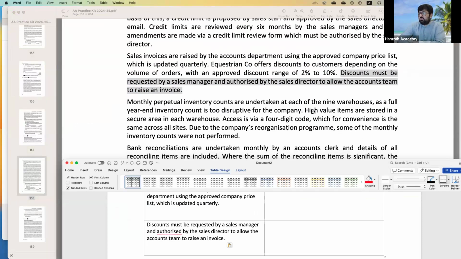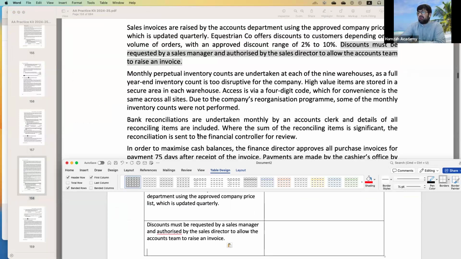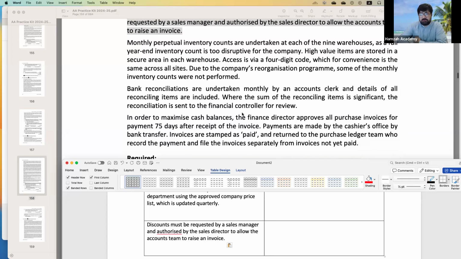Next. Monthly perpetual inventory counts are taken at the end of the warehouse. Okay, as a full inventory count is too disruptive. High value items are stored in the secure area. Access is via fob, which is okay. This is weakness. Bank reconciliations are undertaken monthly by an accounts clerk, and details of reconciling items are included. Again, this is weakness. When the sum of reconciling items is significant, it is sent to the financial controller.